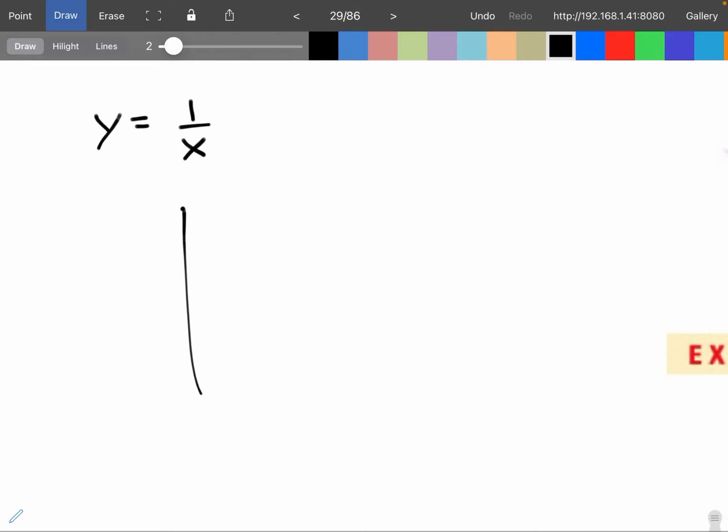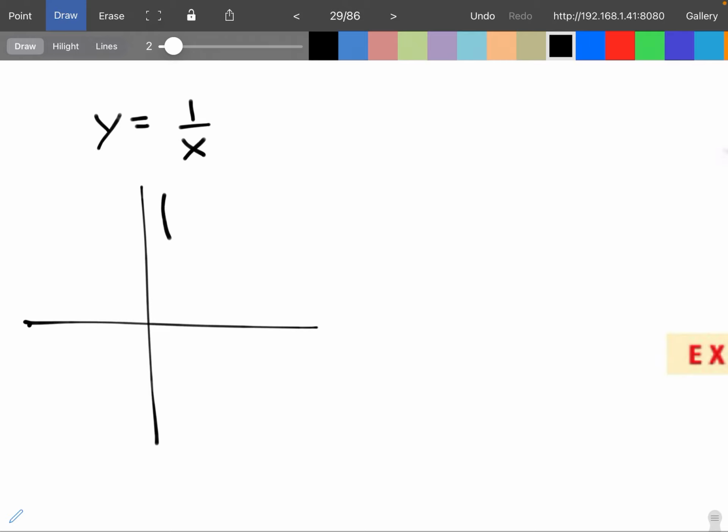And so I'll remind you what that one looks like. There's one curve here in quadrant 1, which looked like that, and then the other part of the graph was over here in quadrant 3.